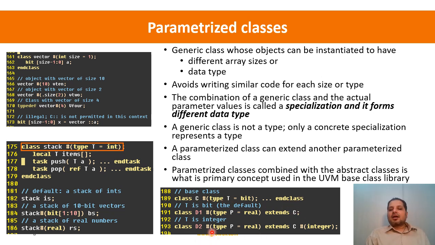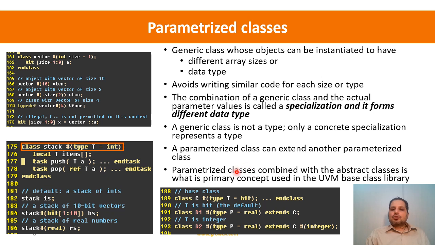I can also do class D2, which is parameterized again with a type P, default type being real, and extends class C of integer type. So I can create a specialization of integer type and extend it. Parameterized classes can be extended from another parameterized class.